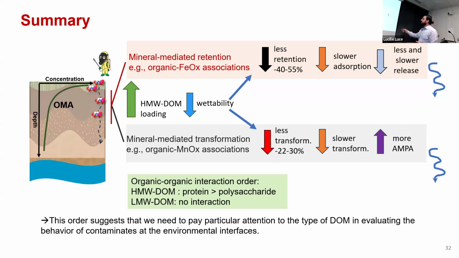This already suggests that we need to pay particular attention to the type of DOM in evaluating the behavior of contaminants at their environmental interfaces. It could be water, it could be a soil system.